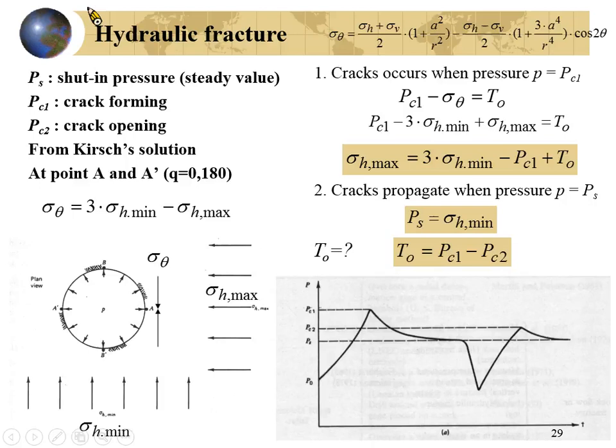But as I told you, when you determine the in situ stress, you will not be satisfied only with the value of the principal stress, you also want to know the direction of the principal stress. How can you obtain the direction of principal stress?